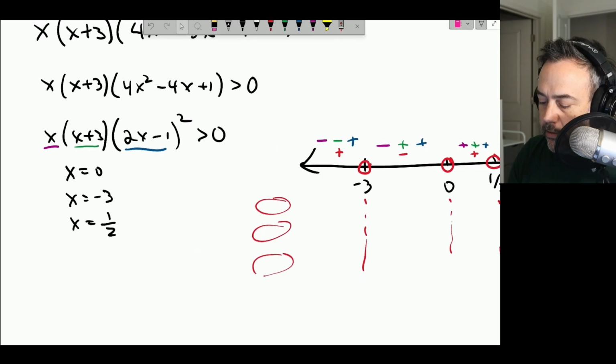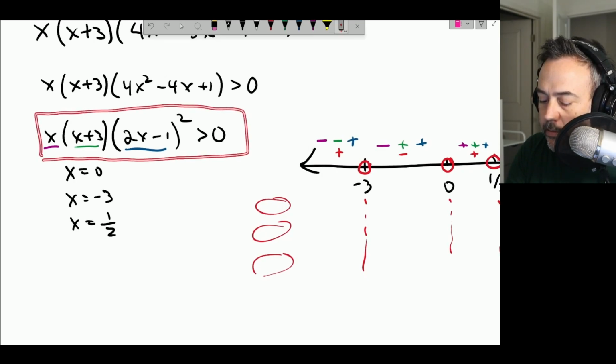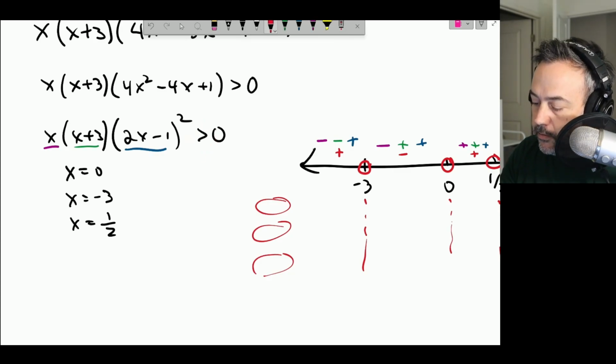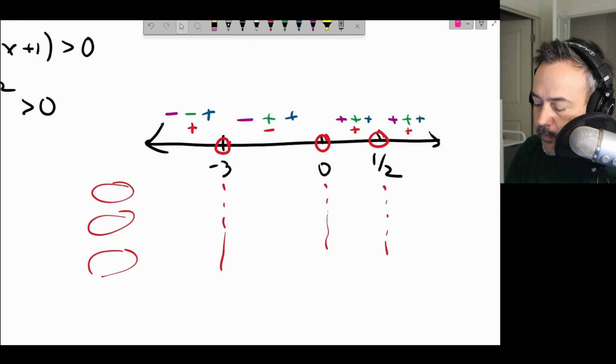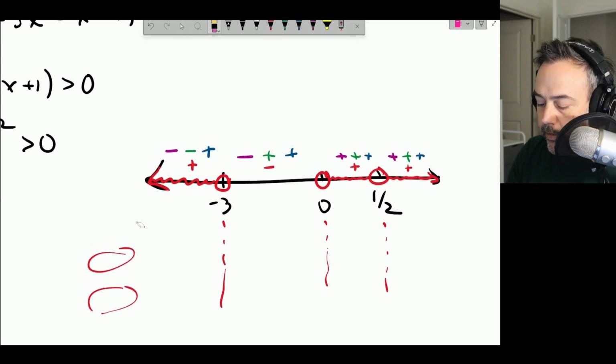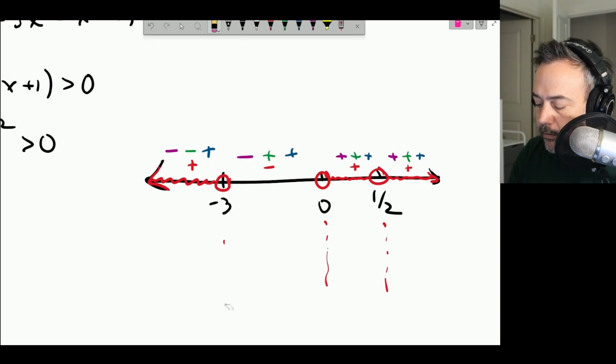What do we want? We want where the polynomial expression is positive because we want where the left-hand side is greater than 0. So we come back to here. We graph our solutions. And we just have to be careful that this one value is excluded. I don't even need any of this, I'll just erase it.